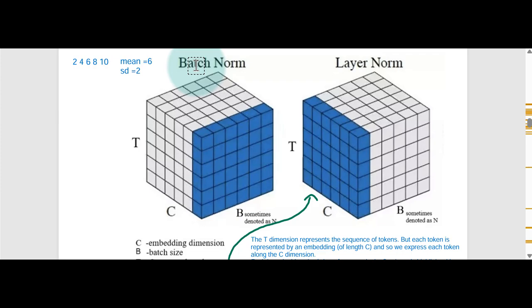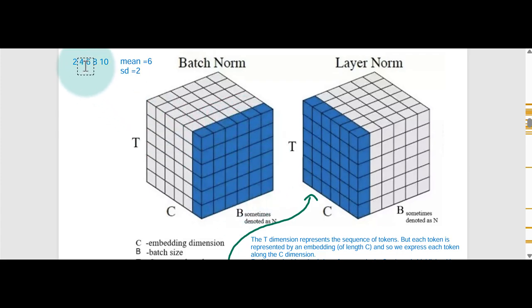But anyway, in batch norm, you use this slab and all the numbers in here, and you calculate their mean and their standard deviation, and then you rewrite all these values according to that.